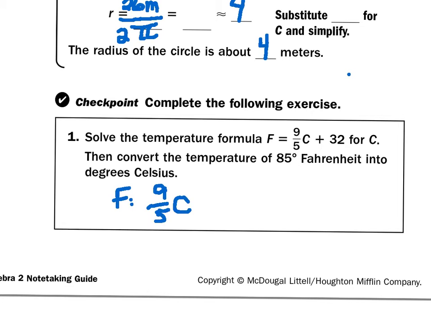F equals 9/5 C plus 32. And I need to get C by itself, so I'm going to go ahead and subtract 32 from both sides.